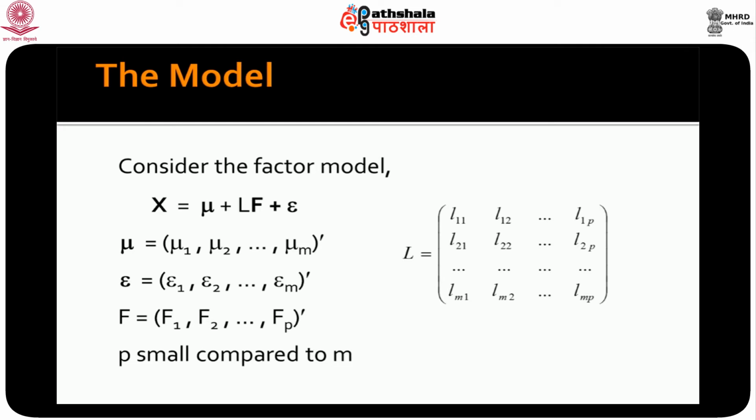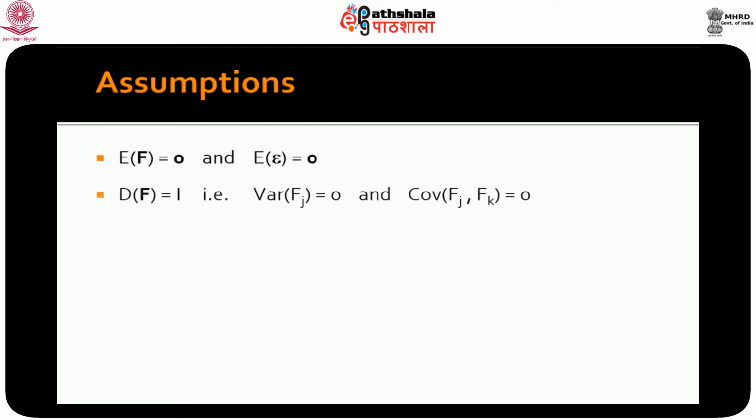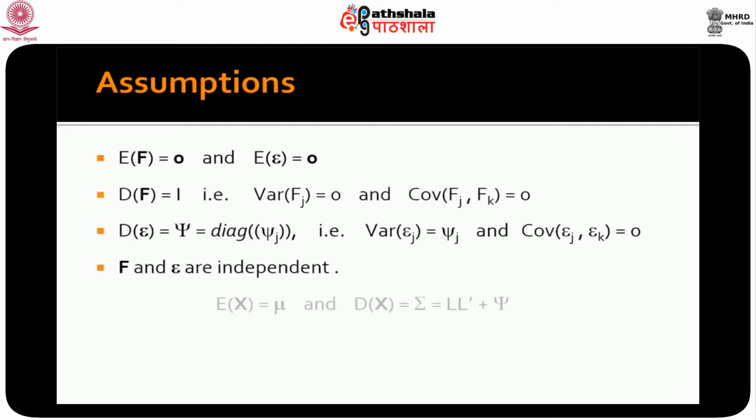Now, we saw that this leads to the fact that expectation of x is equal to mu. The variance of x, given by sigma, is equal to L into L prime plus psi.